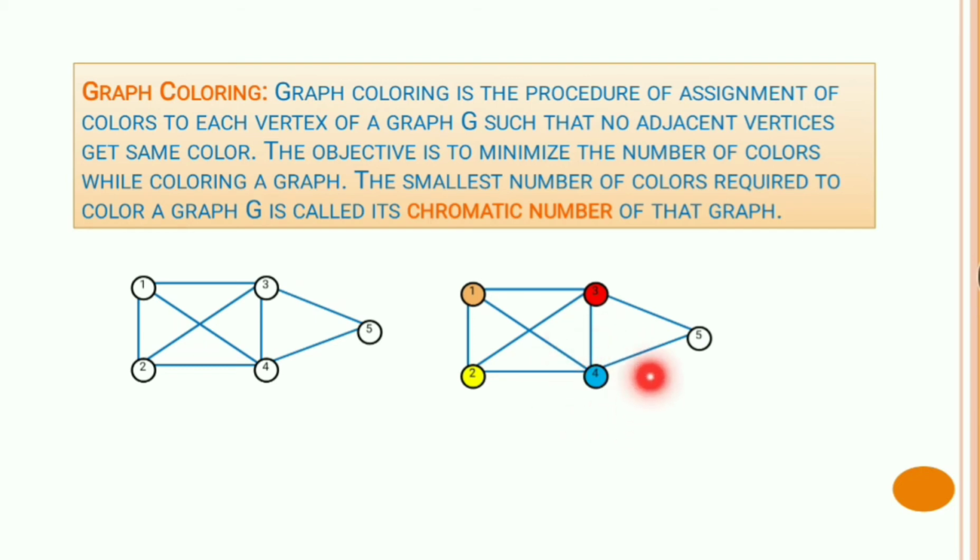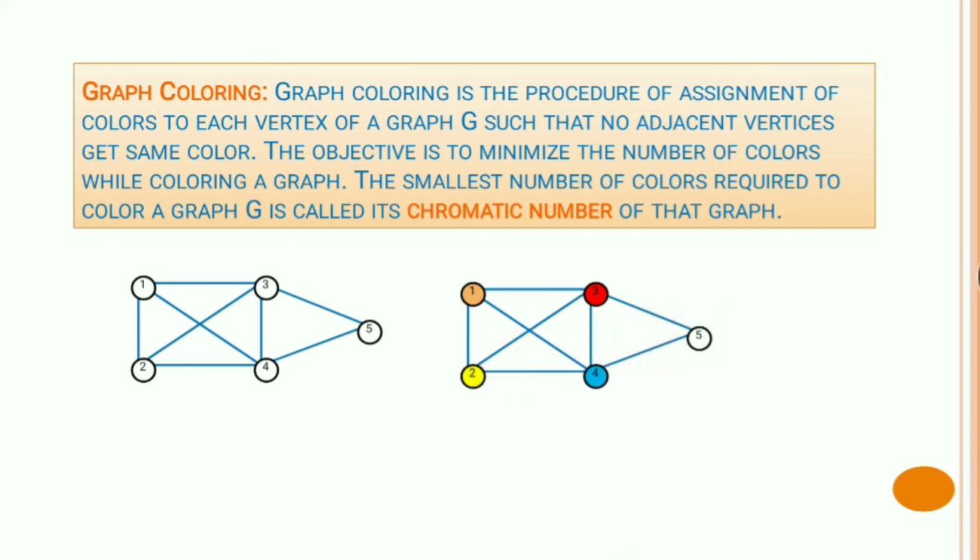Now the fifth vertex. It cannot be colored red or blue, but it can be colored orange because it's not adjacent to 1. It can also be colored yellow because it's not adjacent to vertex 2.